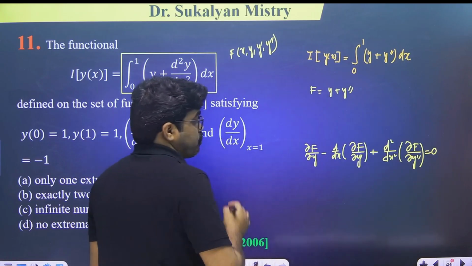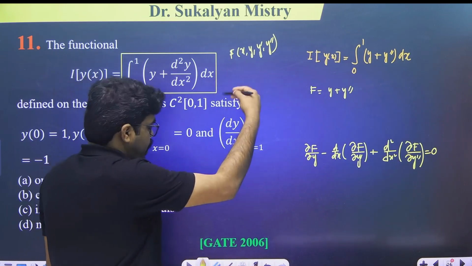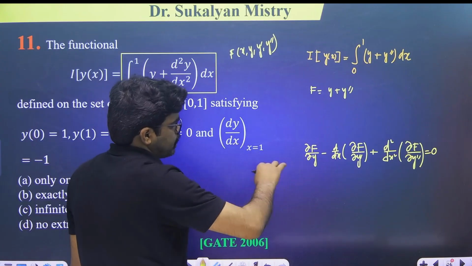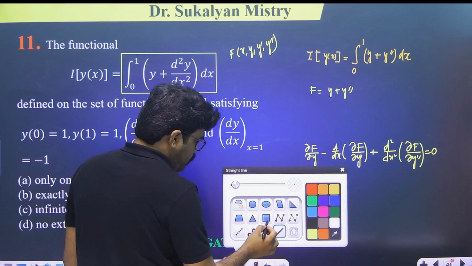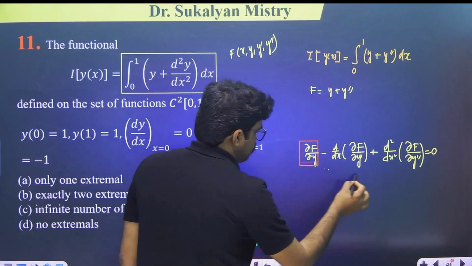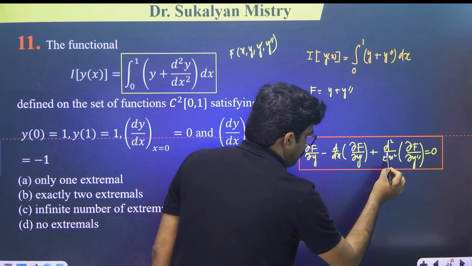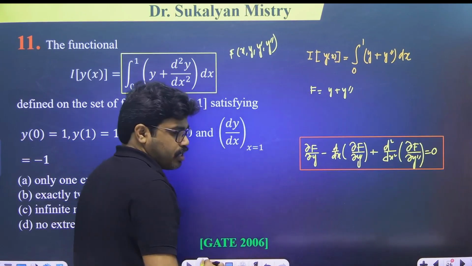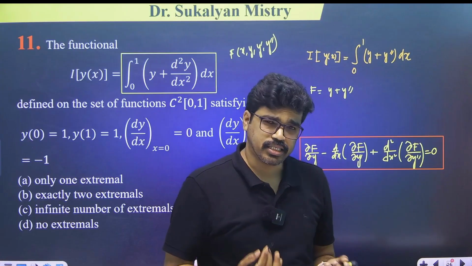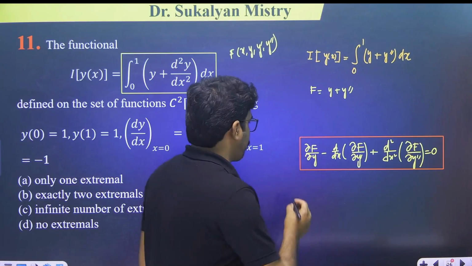That is also called Euler's Poisson equation. Okay, so if f is a function of x, y, y dash, y double dash, then this is the Euler's Poisson equation, right? Okay, clear?